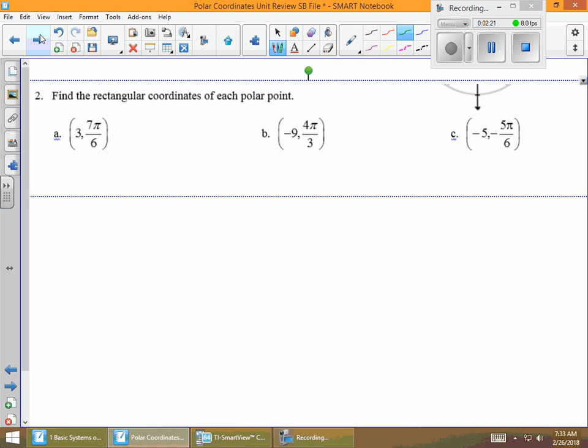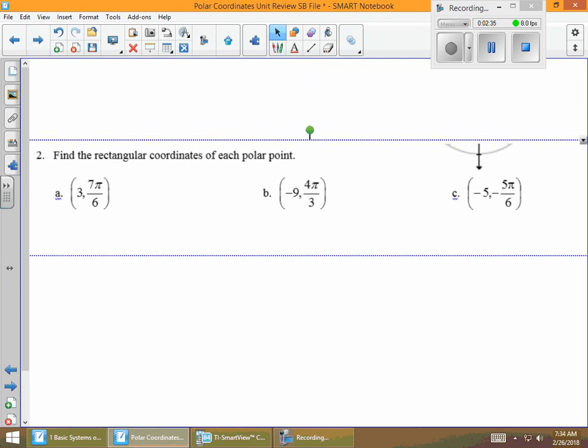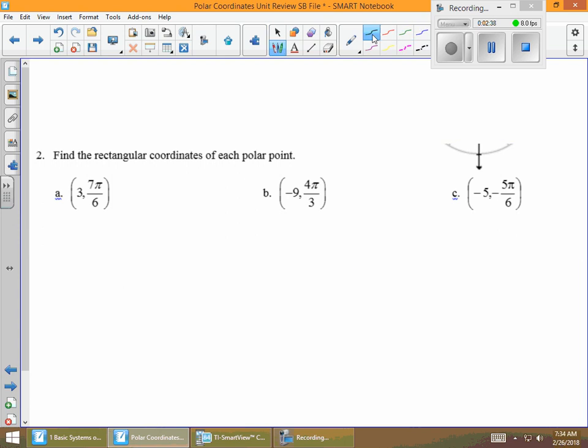To find rectangular points for polar coordinate points, here we're just going back and forth for the next couple problems, from rectangular to polar, and then for number 3, you're going to go polar to rectangular. Rectangular to polar is the easier direction. Remember, you're going to have that equation sheet available to you. Rectangular coordinates is x, y.